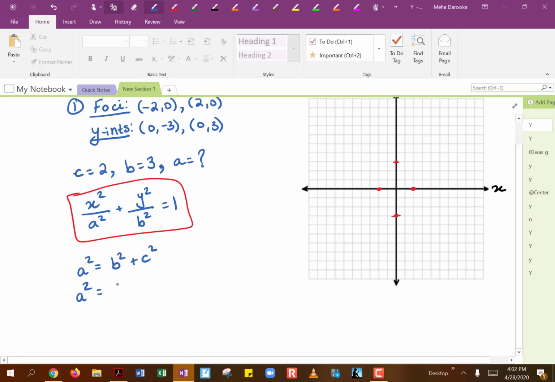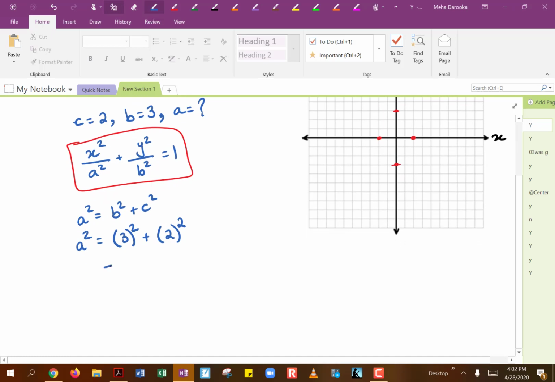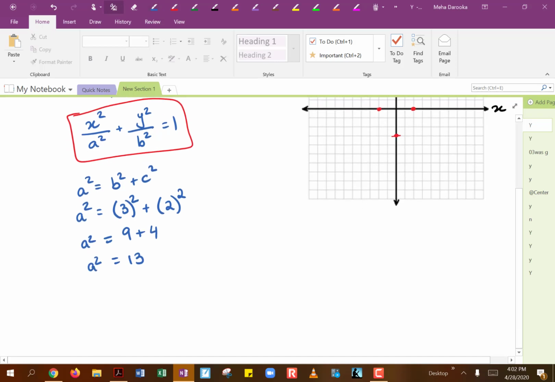Okay, so let's start with a squared equals b squared plus c squared. We don't know what a is. b is positive 3, so that's 3 squared. c is 2, so 2 squared. 3 squared is 9. 2 squared is 4. So of course you're looking at a total of 13.